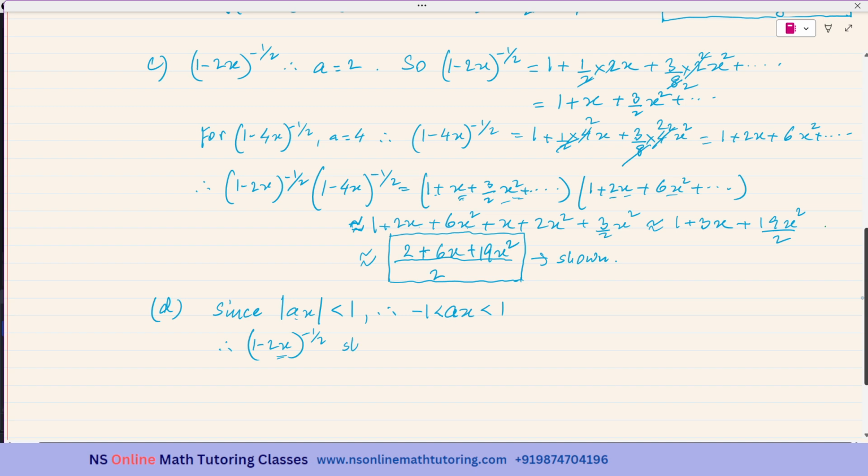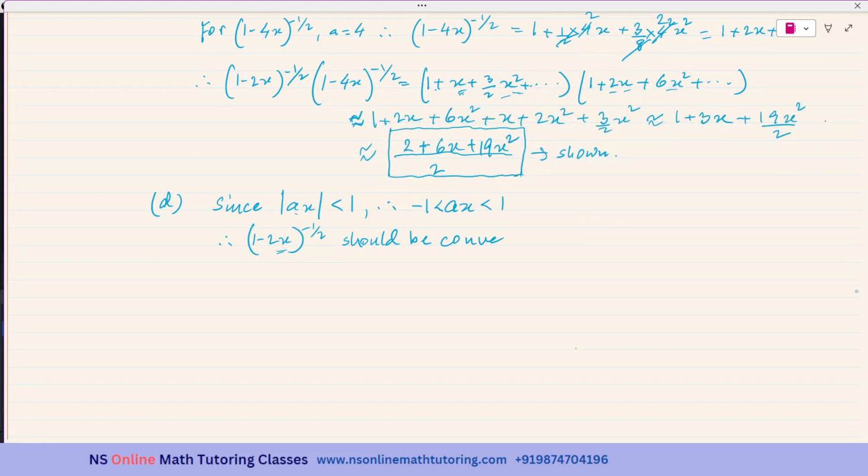It should be convergent within this interval: 2x is greater than negative 1 and less than positive 1, or, dividing the 3 parts by 2 because I want the x, x is greater than negative half but is less than positive half.